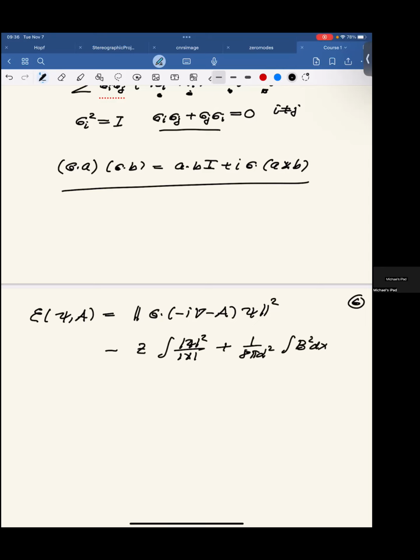And what you then do is you look for the infimum of E of psi, A, taking the infimum over all psi's which are normalized, I'm going to write this as the L2 norm of psi equals 1, and with finite field energy, right? And you ask the question, well, what is that?